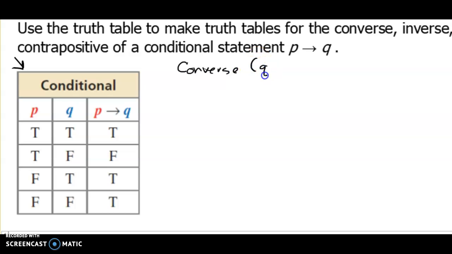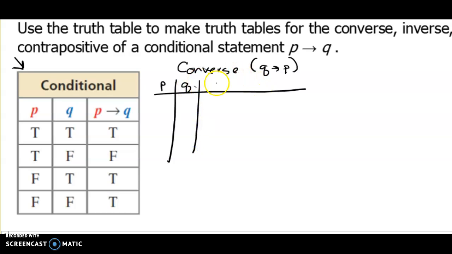Remember, the converse is just if Q, then P. We start all of them the same way, with a column for P and a column for Q. Now P can be true or false and Q can be true or false. Guys, these 2 columns will be the same for any truth table we do: true true, true false, false true, false false.